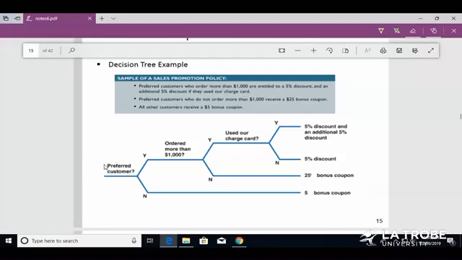All other customers, for example new customers, will get just 5 bonus coupons. So this is an example of how to represent the decision tree using the conditions and the outcomes.